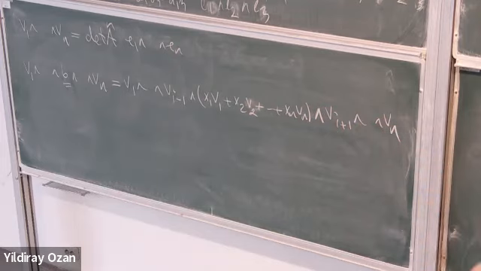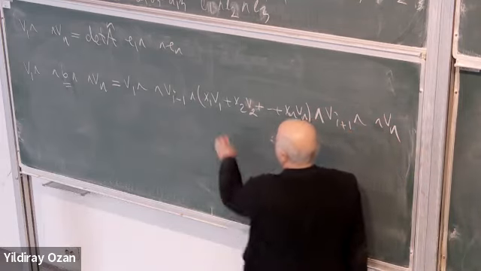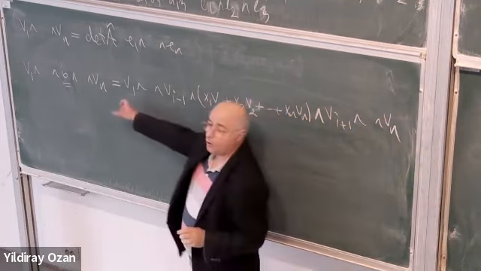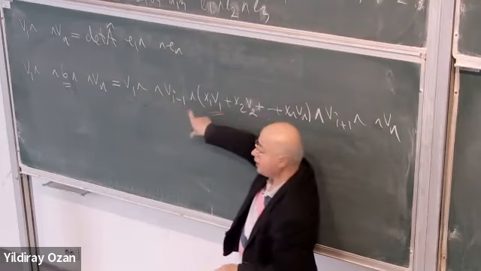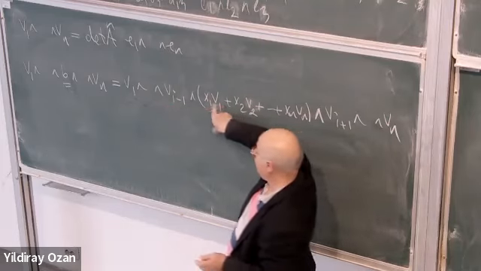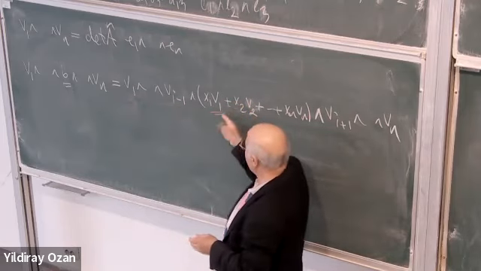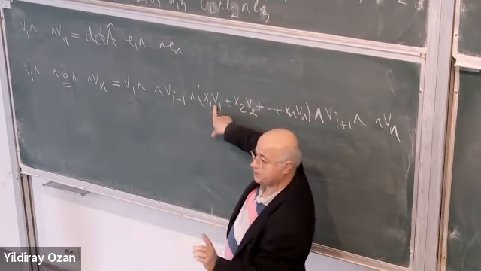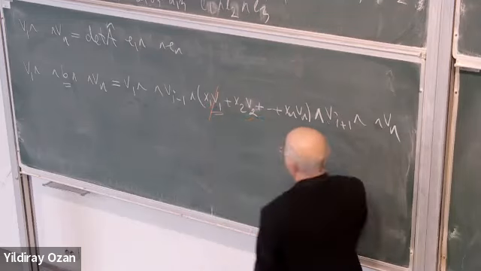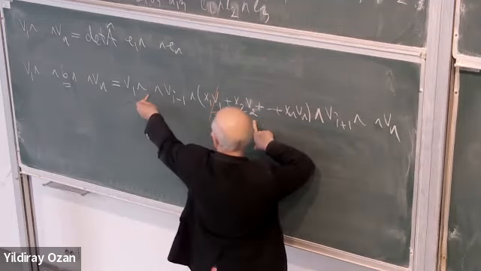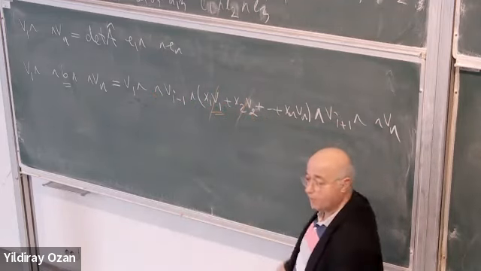Okay, now here you see, I have V1 here. So when I open this up, I have V1, V2, up to Vi minus 1, and then another V1. V1 wedge V1 will give us 0. Therefore, when I open this up, this term will give me 0, so I can just neglect it. What about this one? Here I have V2 wedge V2, so that will be 0.